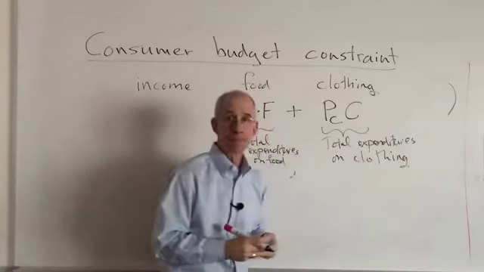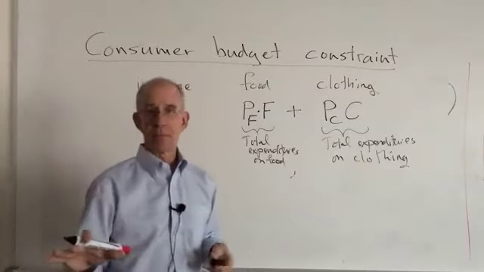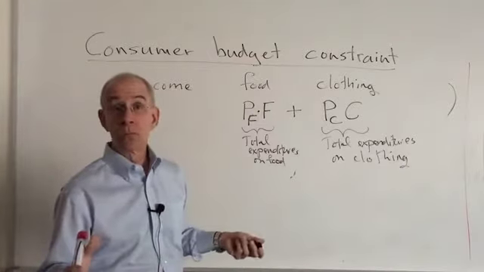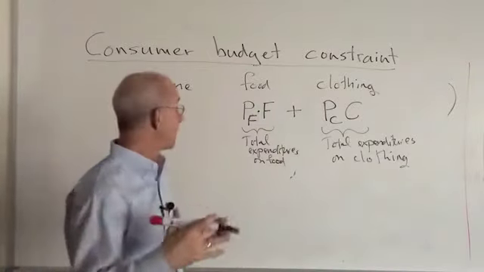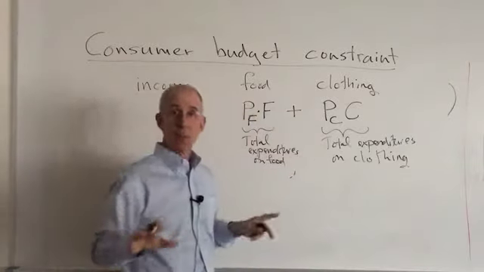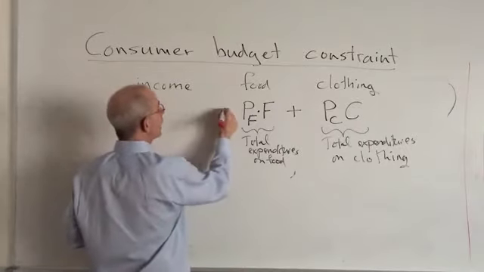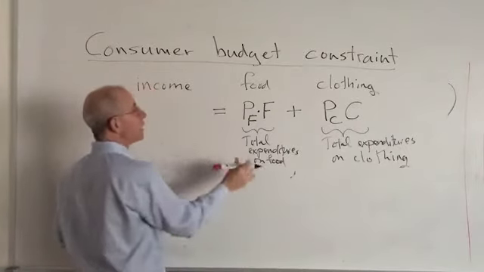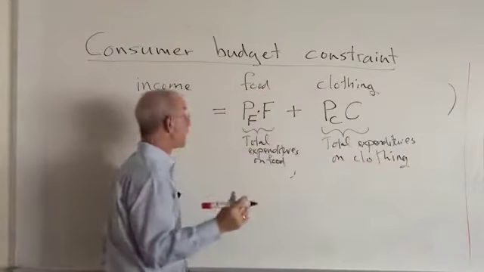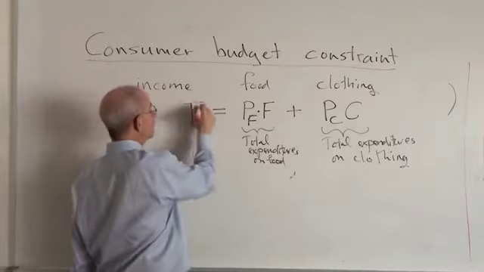Now let's say that you spend every dime that comes in. You can't borrow and you don't save. You spend everything on food and clothing. You're really doing subsistence level stuff. Then we're going to say that the expenditures on food plus the expenditures on clothing is going to equal your total income.